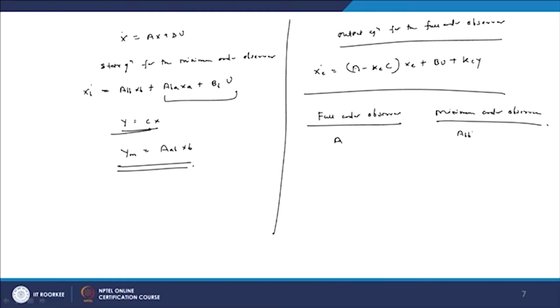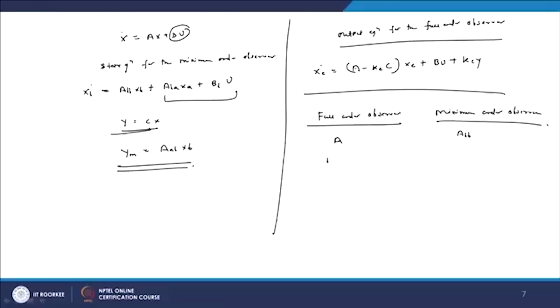Now, coming to the Bu matrix, in x dot equal to Ax plus Bu, this is Bu. So, Bu in the full order observer corresponds here to ABA into XA plus B suffix B into U.